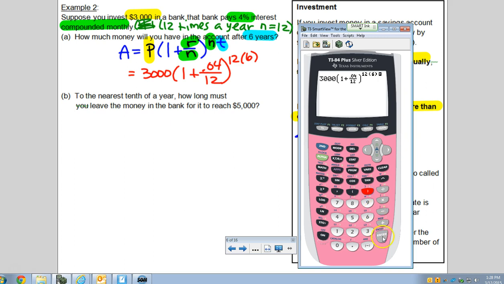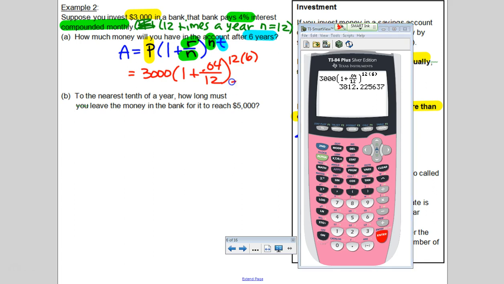Okay, so that is what it's going to look like on your calculator screen. And so that means after 6 years, as long as you don't touch your money, you will actually have $3,812.23. So that is pretty good. It means you gained $812 for doing nothing but letting the bank hold it for you in the bank account.